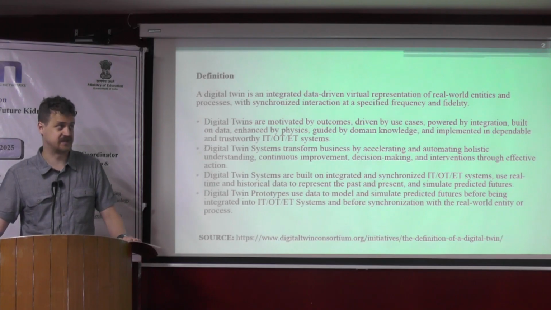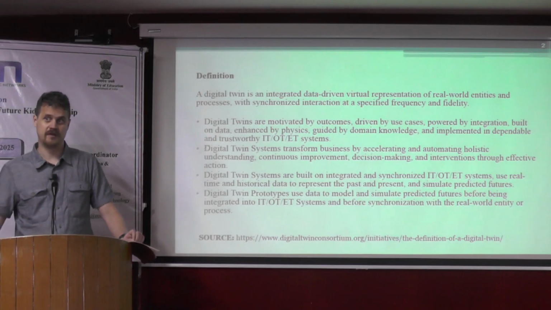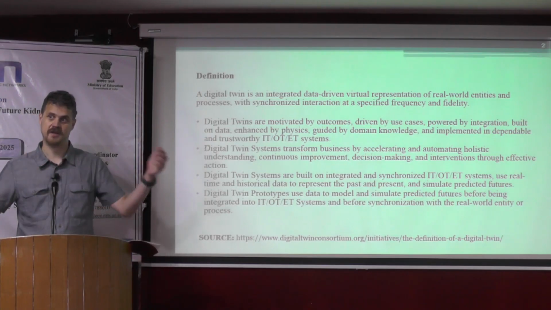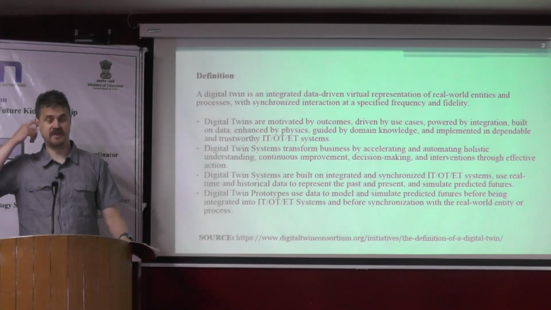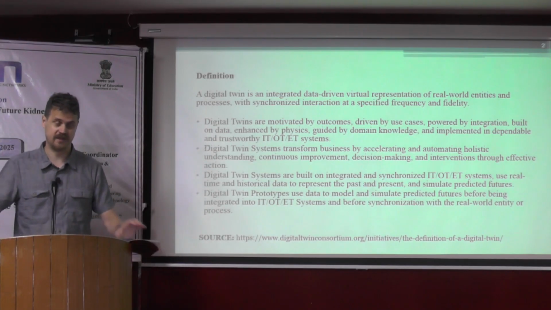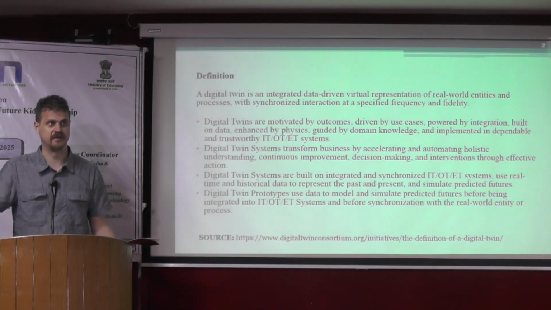But the core difference between a digital twin and a simple mathematical representation of some object is that a digital twin requires a bidirectional, constant data exchange between the digital twin and the real-life object, the physical counterpart. Otherwise, it would be just a mathematical imitation.